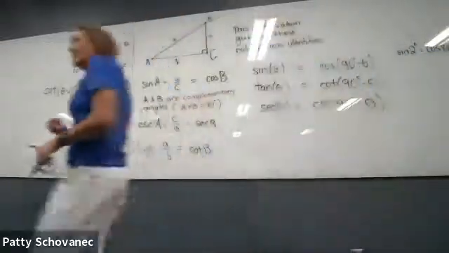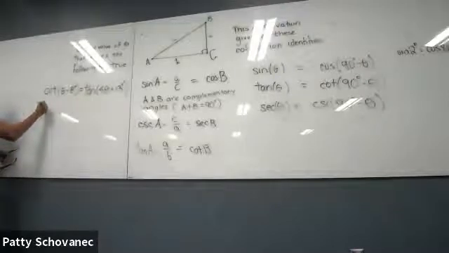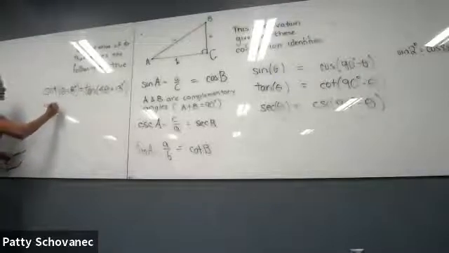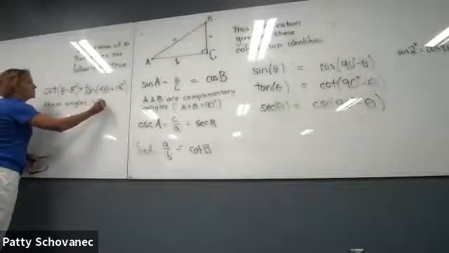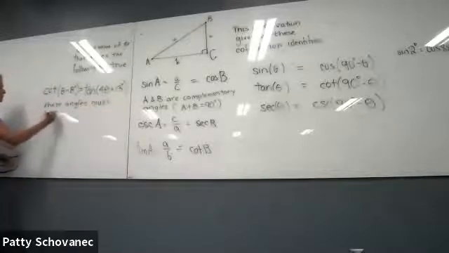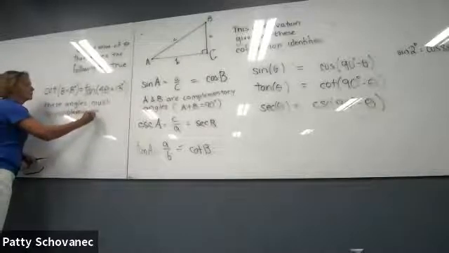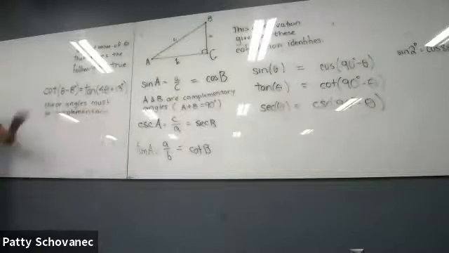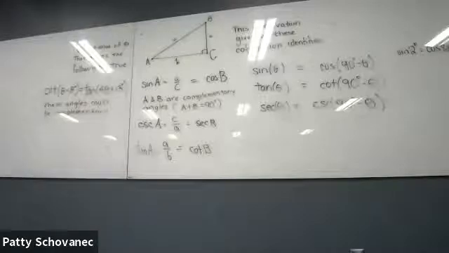So that's what we start by saying. Cotangent is equal to a tangent only if these angles must be complementary. That angle plus that angle has to add to 90 degrees.